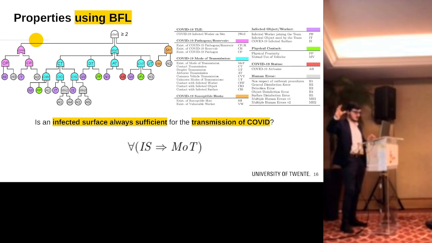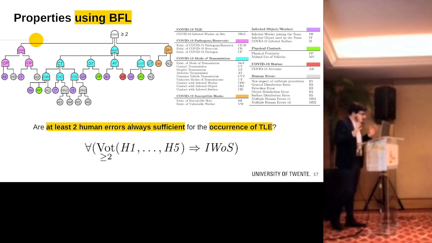Here we can also focus on different subtrees, give more granularity. Are at least 2 human errors always sufficient for the occurrence of the top-level event? We have this kind of voting construct also for formulae, basically saying, at least 2 out of these formulae have to be satisfied. And then we can, of course, combine it with the usual Booleans and with quantification.